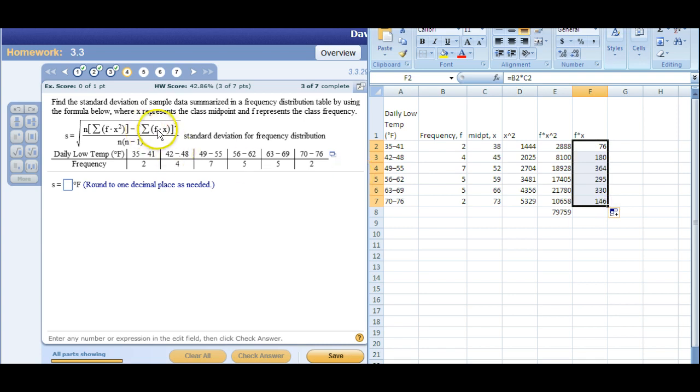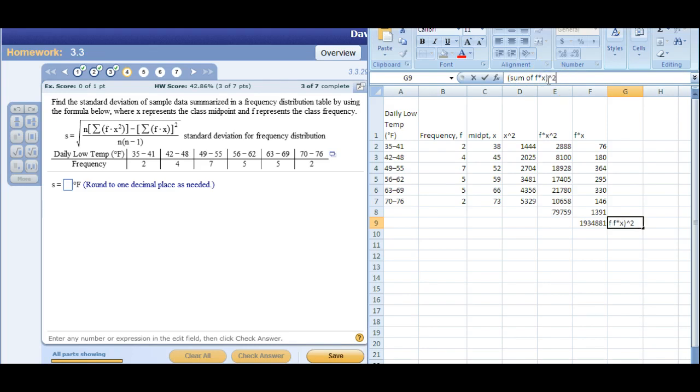Alright, and then I sum those up. Okay, so there's the sum of f times x. Now, I need to square that for this side. So I'm going to press equals this squared. Okay, and that is the sum of f times x, all of that squared.